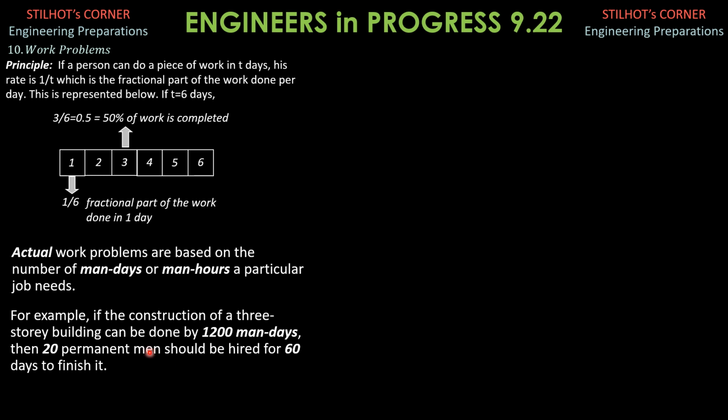So that 20 times 60 is 1,200 man days. So this is the actual work problem. By the way, the rate here is considered constant. That's the theory in work problems.